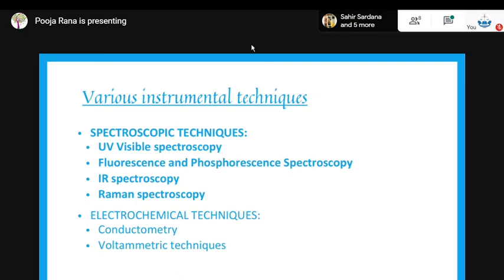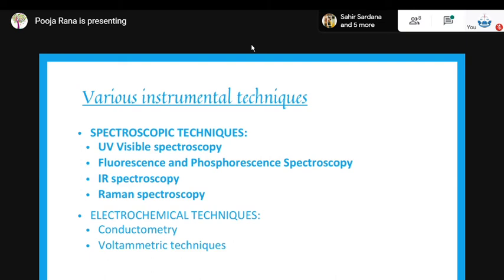Now, in this particular spectroscopy, that is fluorescence and phosphorescence spectroscopy, the emission of photons from electronically excited states is known as luminescence. There are two types of luminescence: fluorescence and phosphorescence. They both differ in nature of ground and excited state.